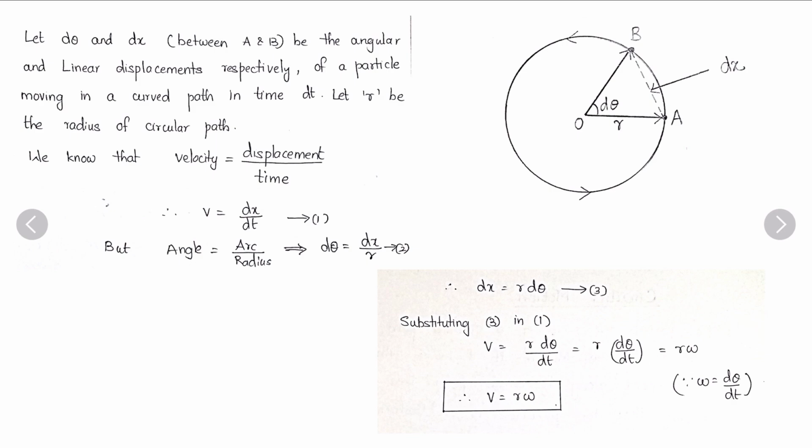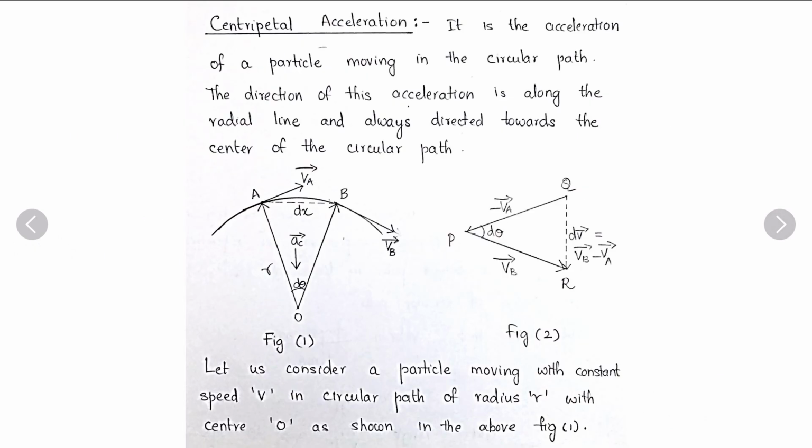So let's continue our discussion in circular motion to calculate the centripetal acceleration. Any object when it is moving along a circle, there is always a force working towards the center. That force is called the centripetal force.